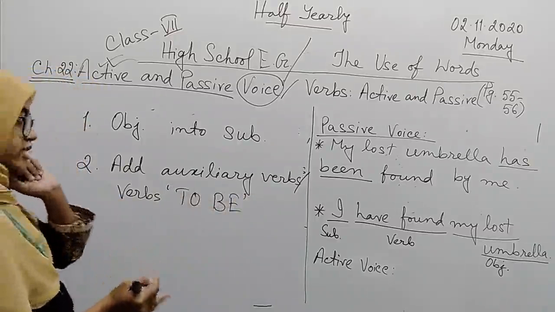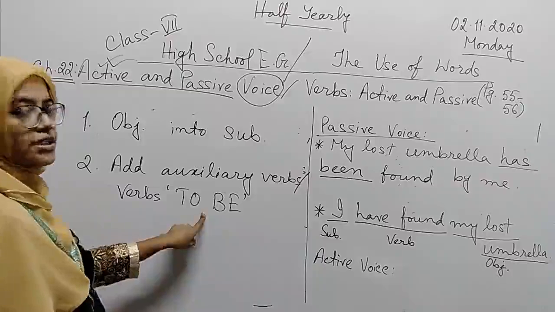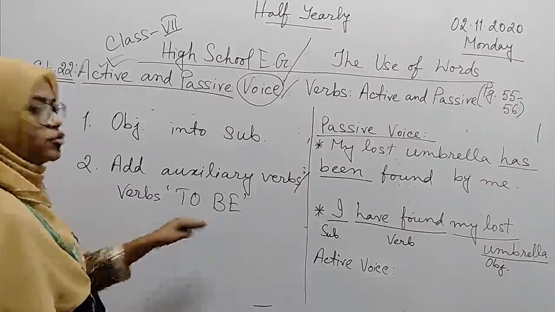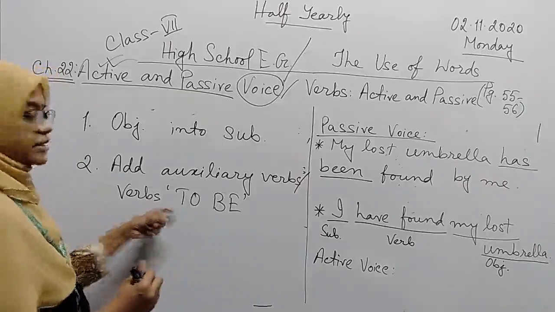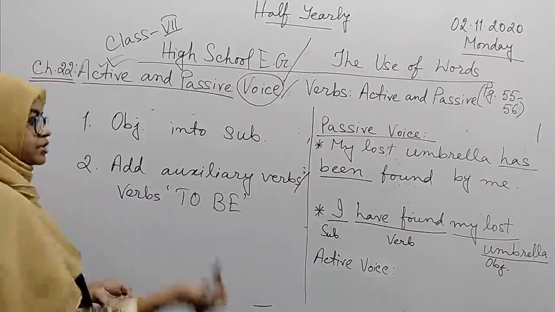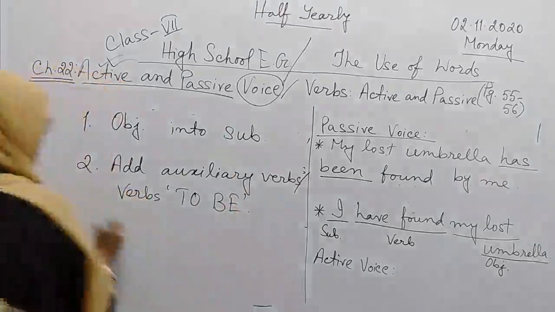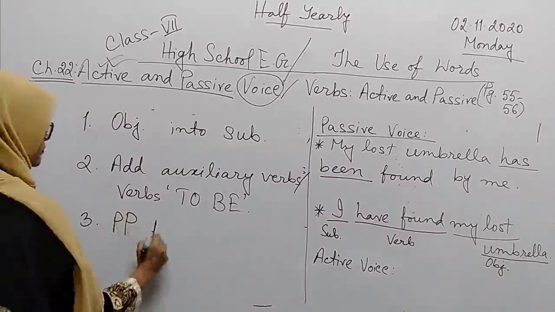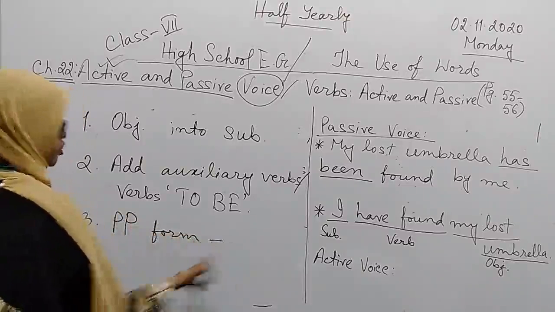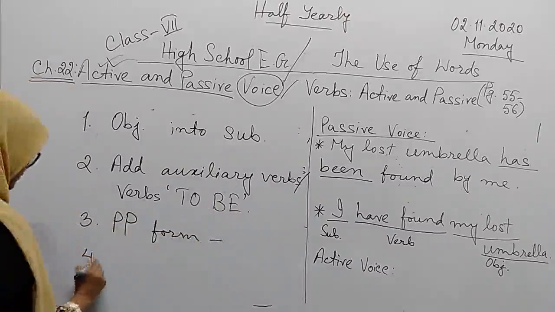For singular subject, this becomes singular. For plural ones, this also changes into plural. We also depend on the tenses. So number, person of the subject, and the tense of the verb. Okay? Then we add the past participle form of the main verb in the active voice.